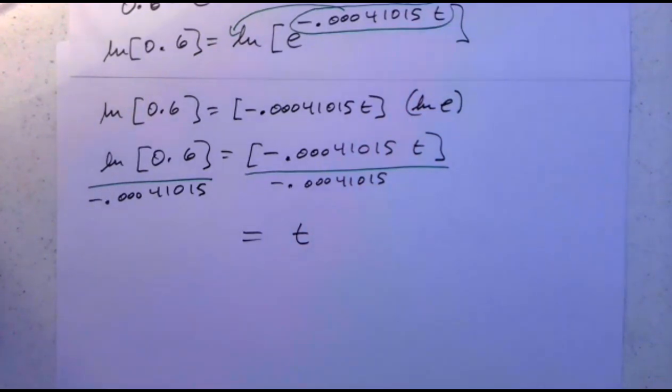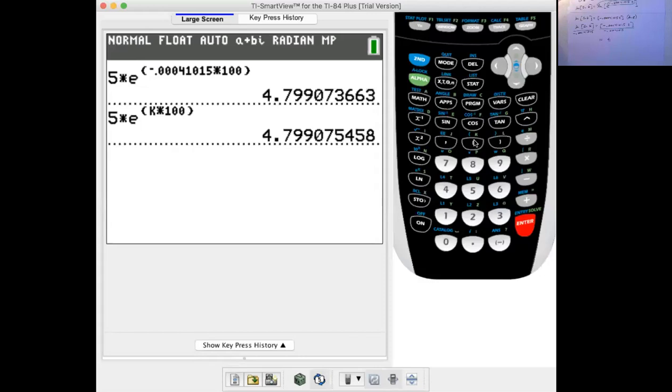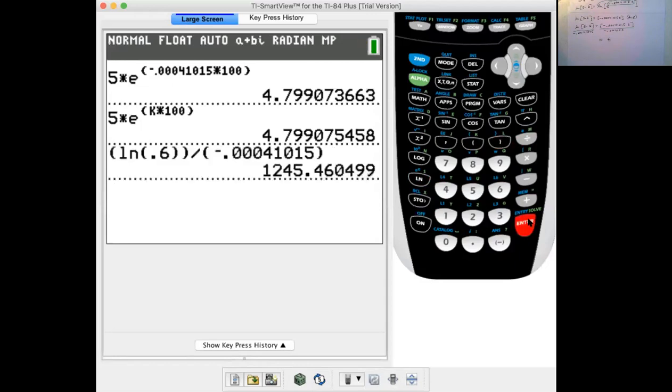Again, let's do this on the graphing calculator. Upstairs, I have natural log of 0.6. Downstairs, I'll type it the long way first again, negative 0.00041015. And what do I get? 1,245 and a half, basically, years.